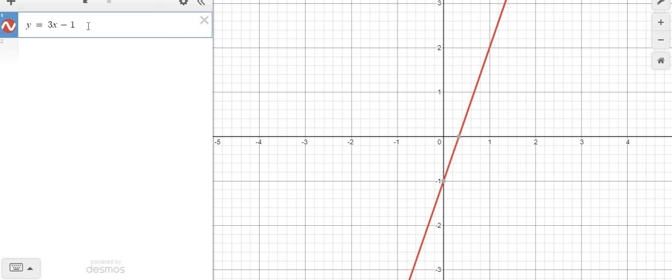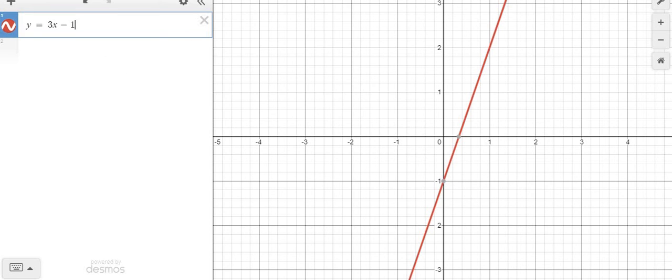Since the y-intercept is going to go into the minus 1 here, imagine that we were not given this equation. How would we figure out what this line means? Of course, we look at the y-intercept first. We can see wherever it crosses the y-axis, that's the y-intercept. So we know it crosses the y-axis at minus 1.